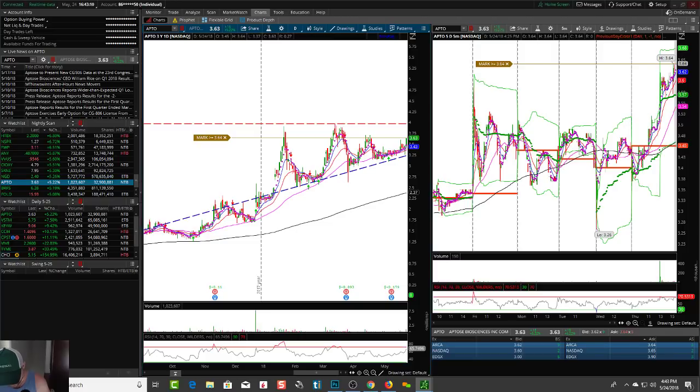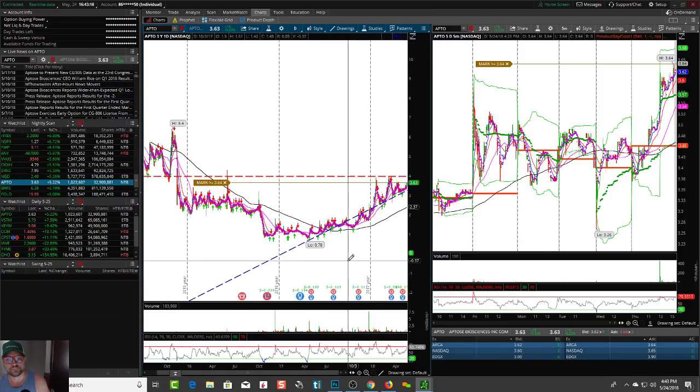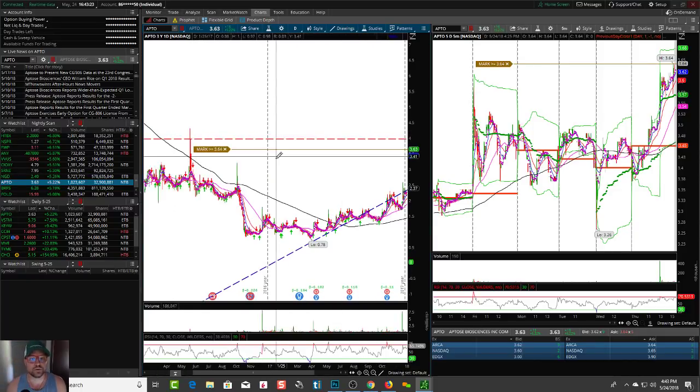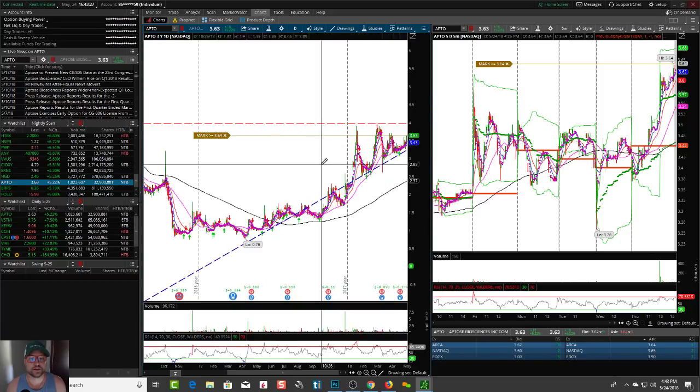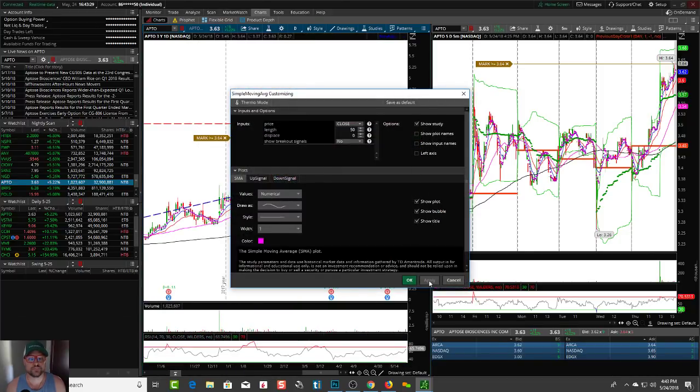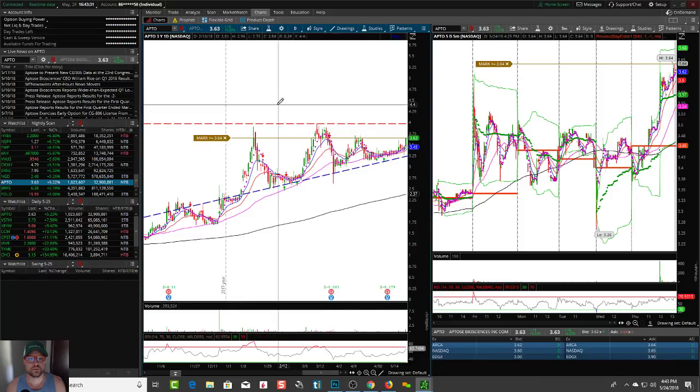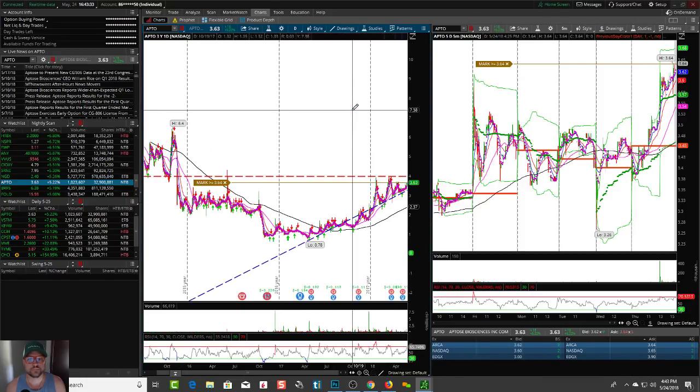Control zooms out. Double click after you do that. Weird zoom and it pulls back. Let me see. Sweet. That's kind of cool. That's good to know. Oops. Zoom in. Yeah, I like the control minus.